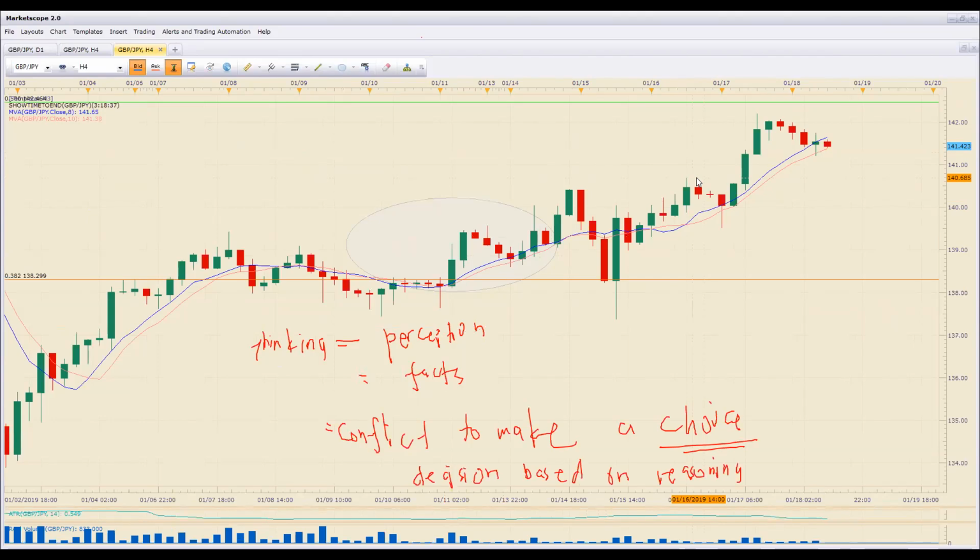Therefore, when you have conflict, then you're no longer thinking of what the market is actually telling you based on facts. When you have facts, you don't have any conflict. So conflict to make a choice creates uncertainty.